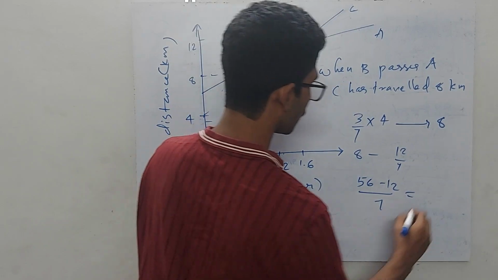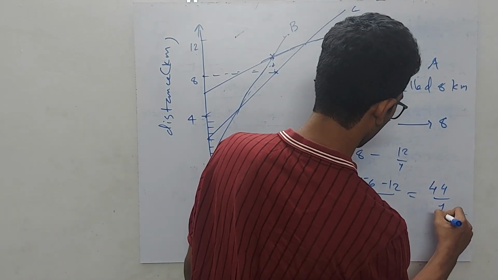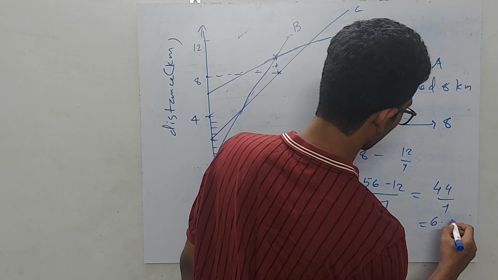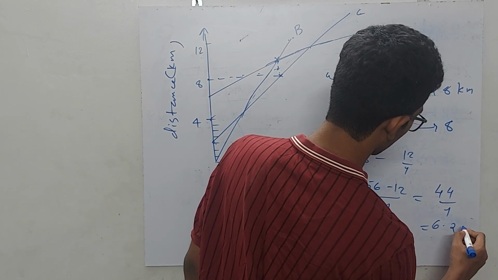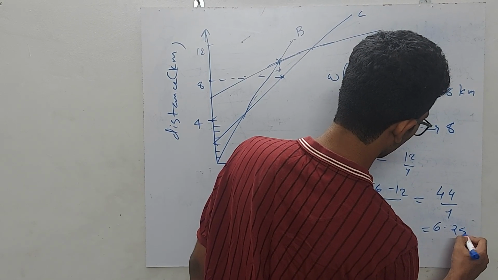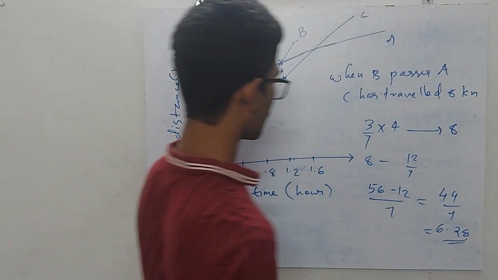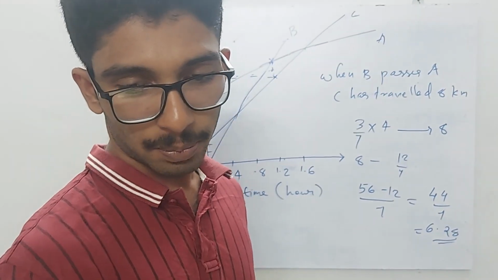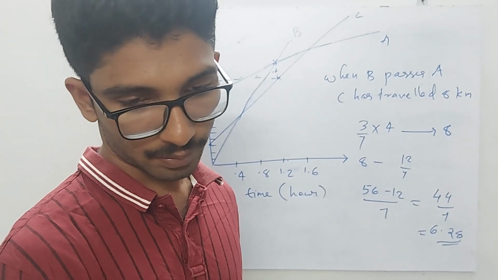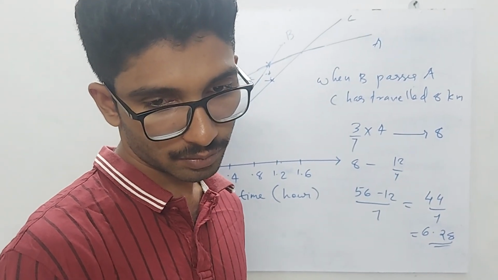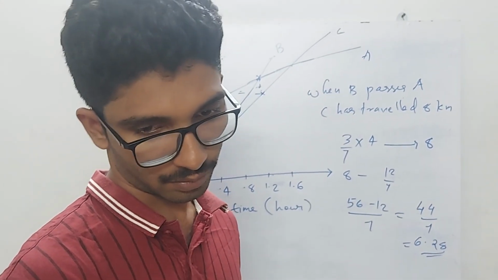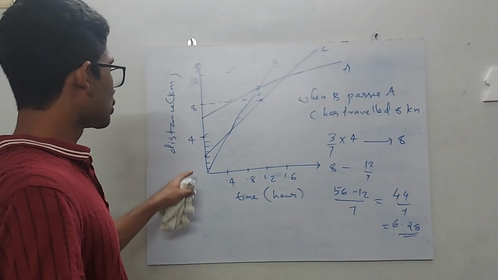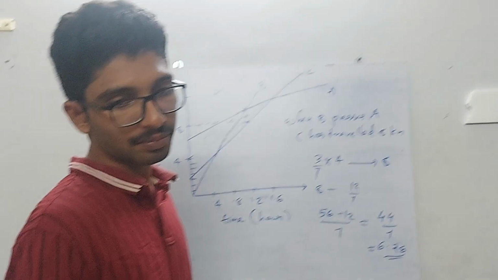That would be 44 by 7. Okay. So around 6.28 kilometers will be traveled by car C. So this is a rough calculation. There would be mistakes. So you need to do it more carefully, okay?